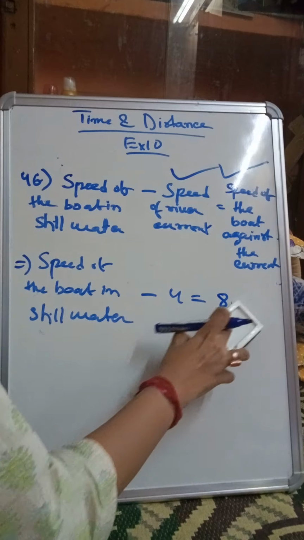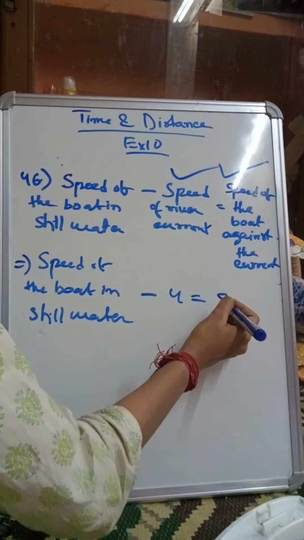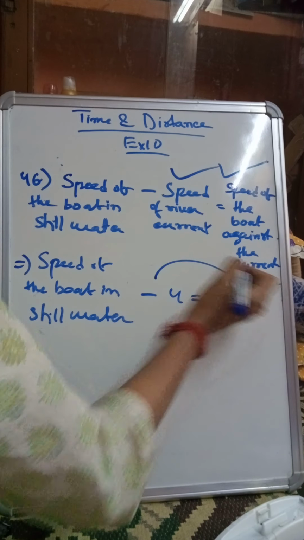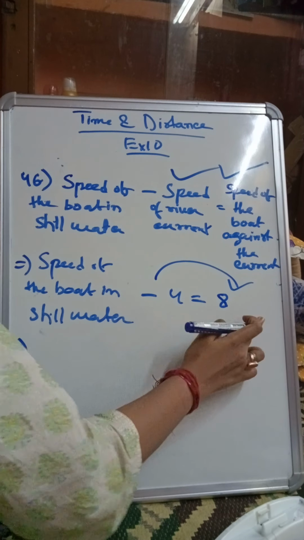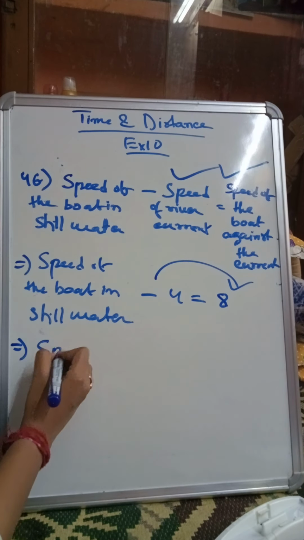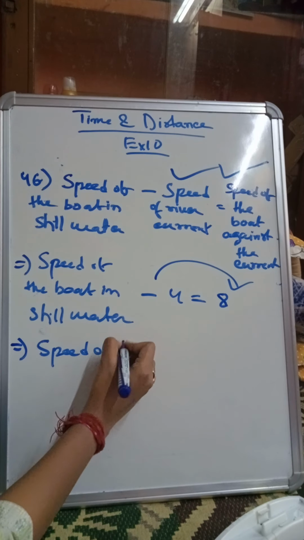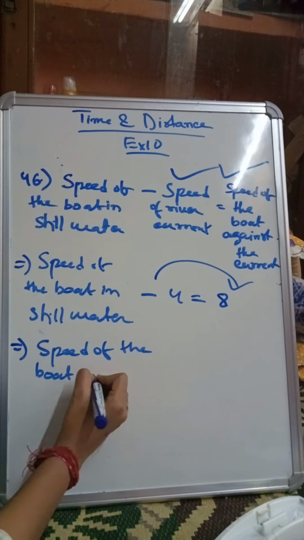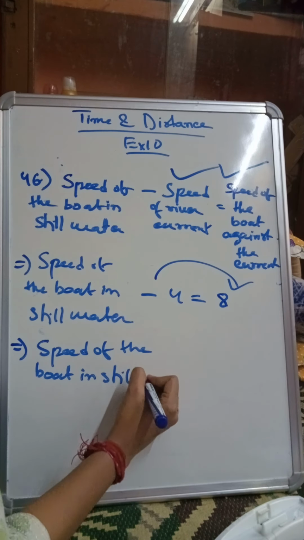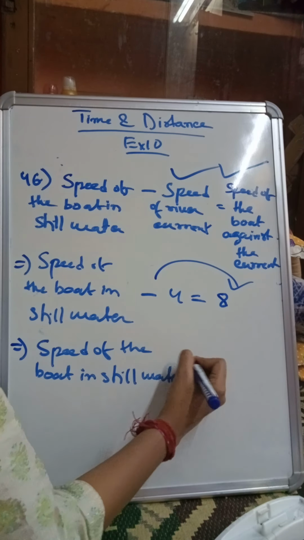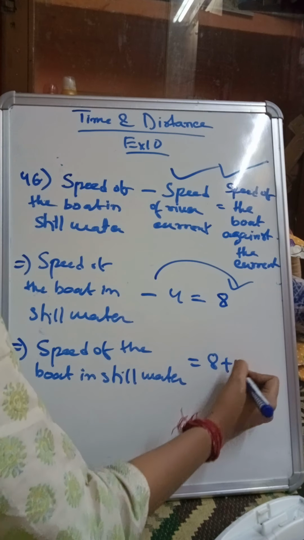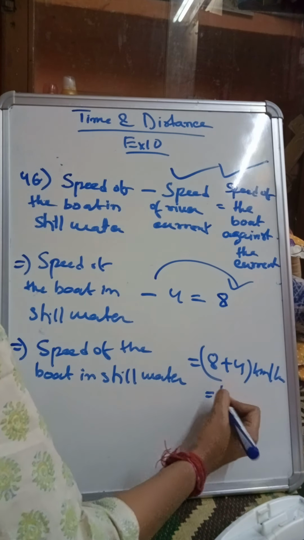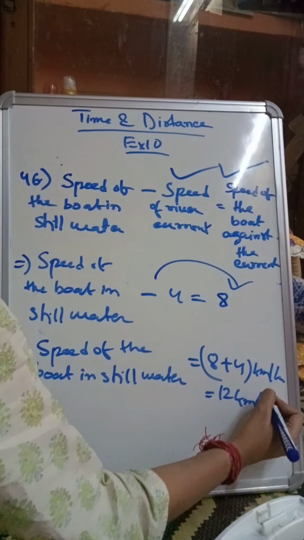I am not writing the units again and again. I will write it once at the end. So speed of the boat in still water, which we keep as it is because we don't know it yet, minus 4 equals 8. If I take this 4 to the other side, it becomes positive. So the speed of the boat in still water is 8 plus 4, that is 12 kilometers per hour.